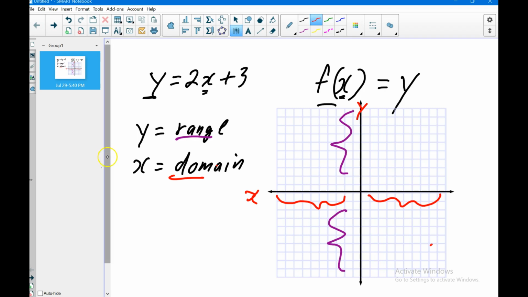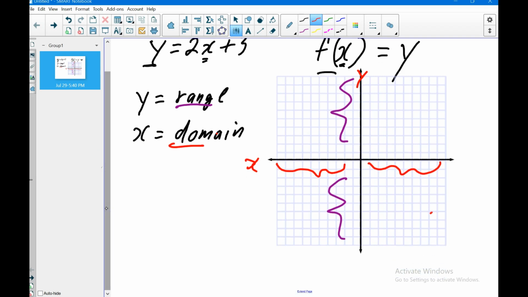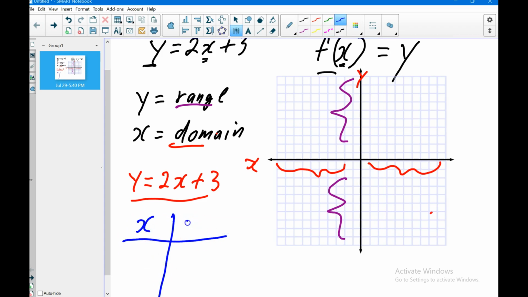Let's have a look at that for a second and break it down. If I had that as my equation, I'm going to have my x value here and my y value over here. How many x values do you have? Just one.